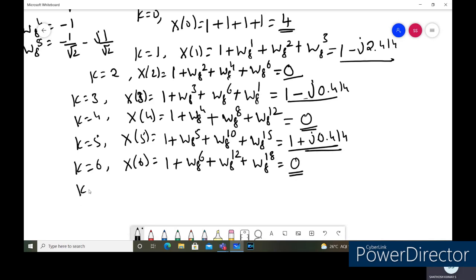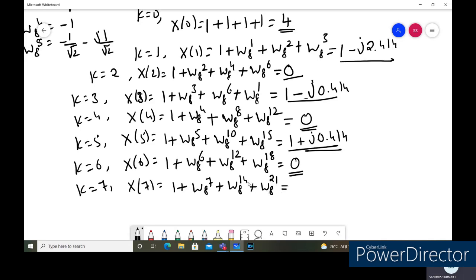So similarly, let us substitute k is equal to 7. So it will become x of 7. Wherever the k value is there, we substitute omega to the power of 7 plus omega to the power of 14 plus omega to the power of 21.